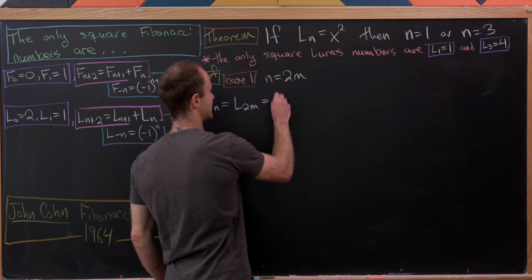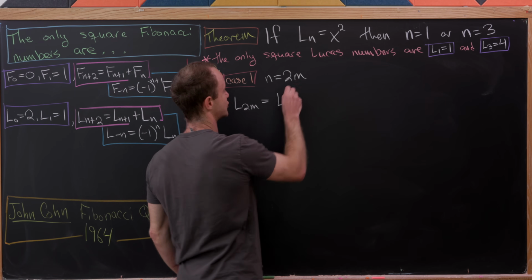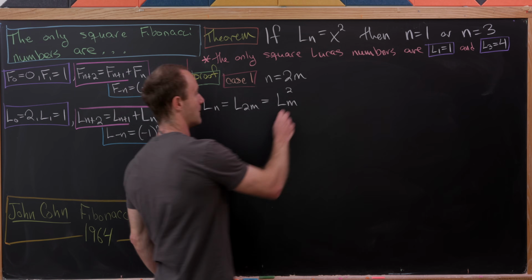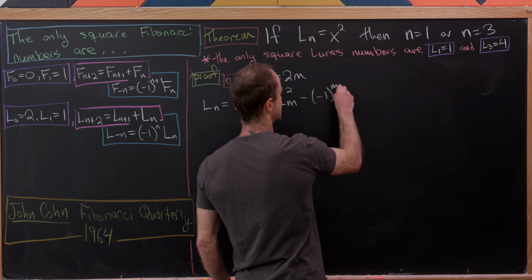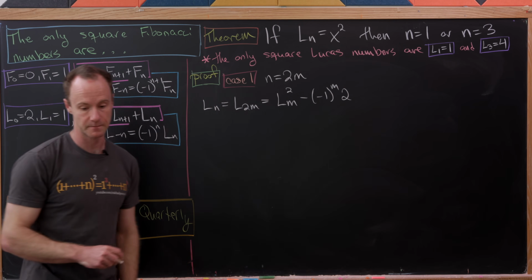And that means we can write this as L_m squared and then minus 1 to the m times 2.